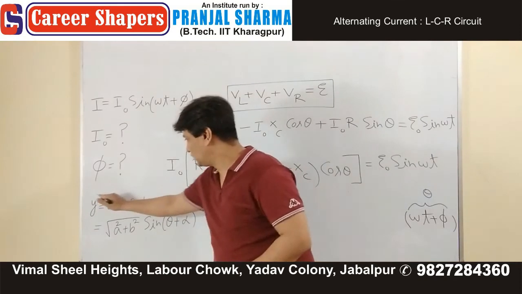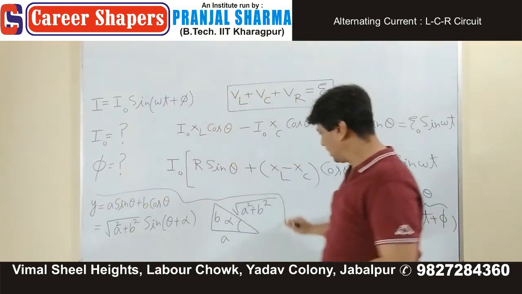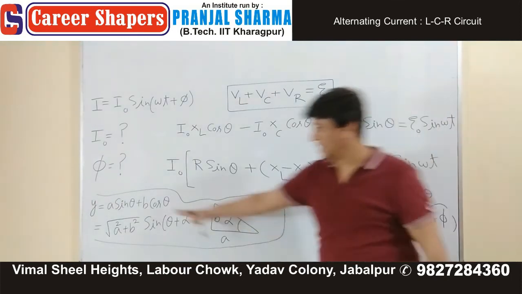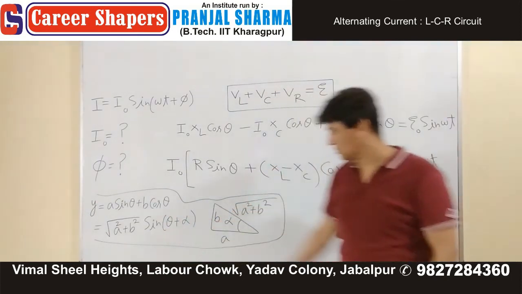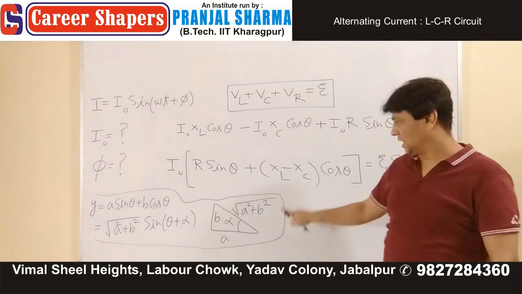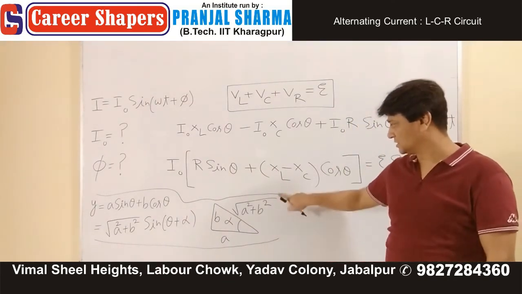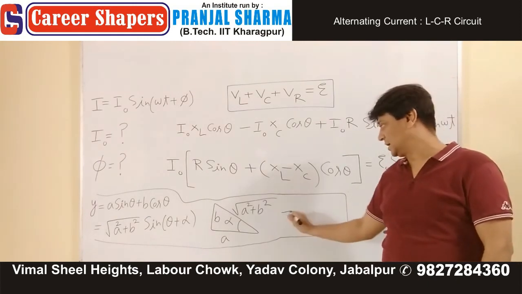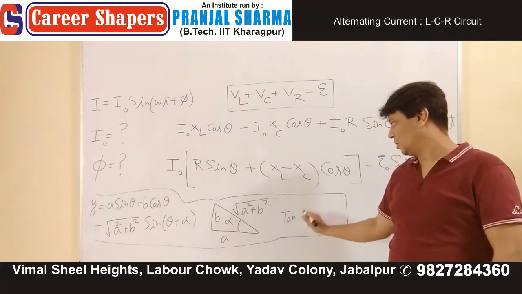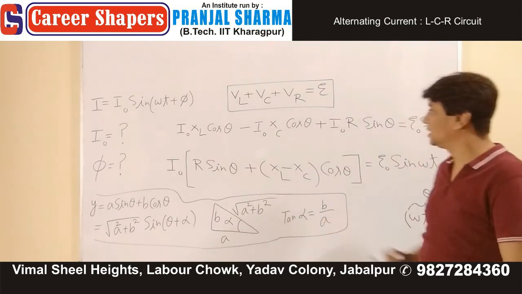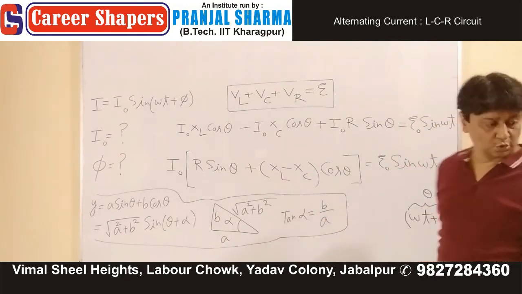Go down this fast, take a screenshot or whatever you wish. We can write this whole thing into this form with a right angle triangle, and this triangle is giving us the information that tan of alpha is B divided by A. Do this fast.